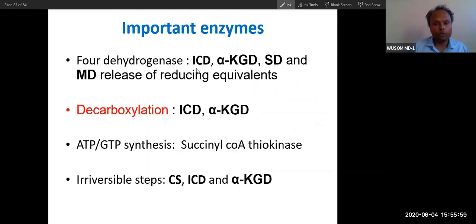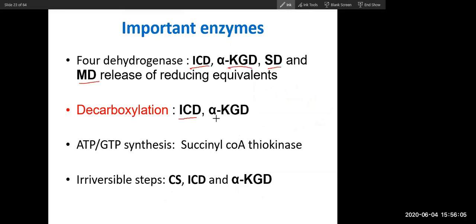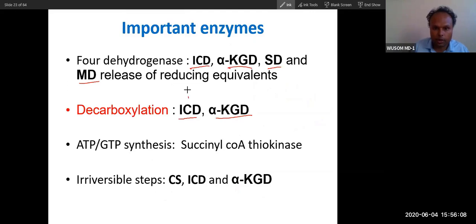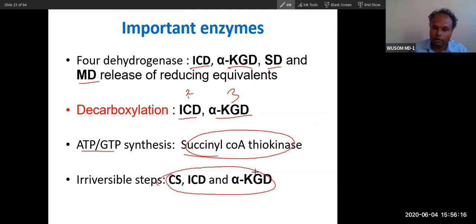These are the important enzymes I have already talked about. These 4 dehydrogenases, the 2 oxidative decarboxylations happen at the third and fourth position, and there is synthesis of ATP. These are irreversible steps, so remember irreversible means rate limiting.